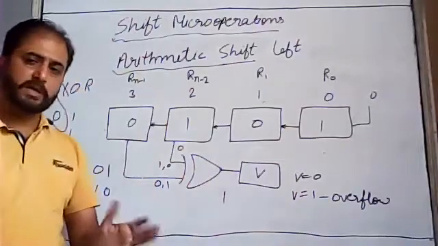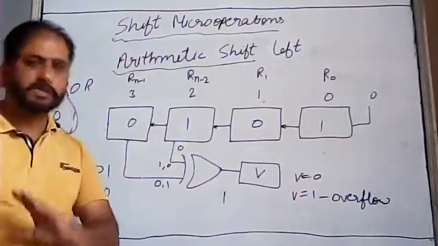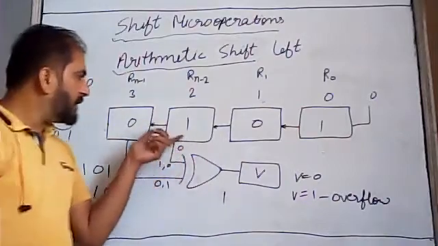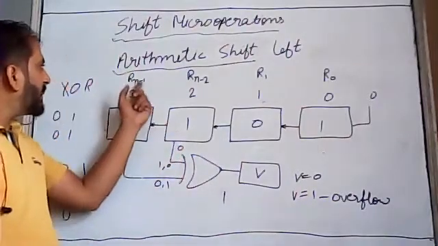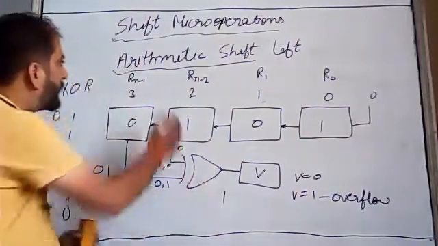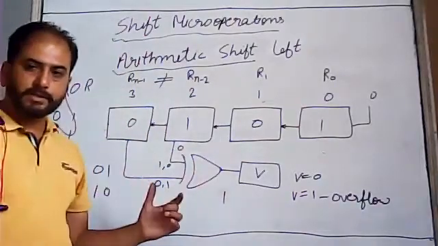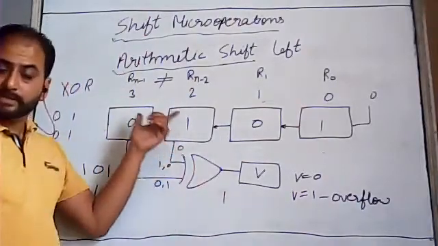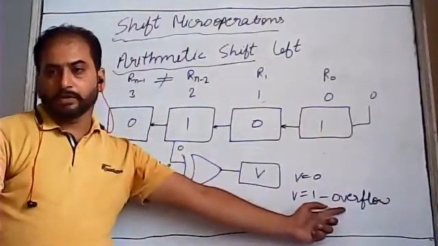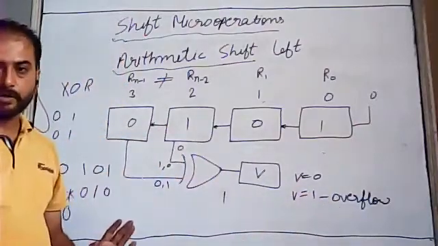If the last two bits, n-1 and n-2, are not equal, then that situation is called an overflow situation. Overflow situation means these two bits are not equal.